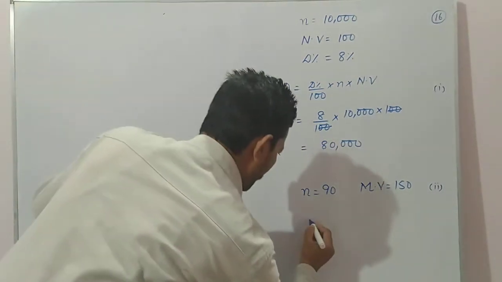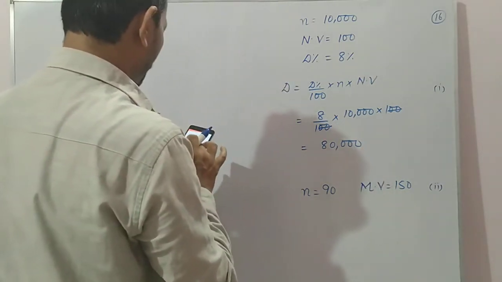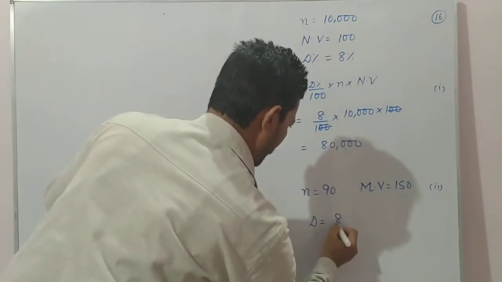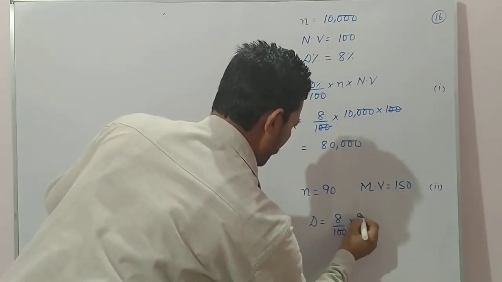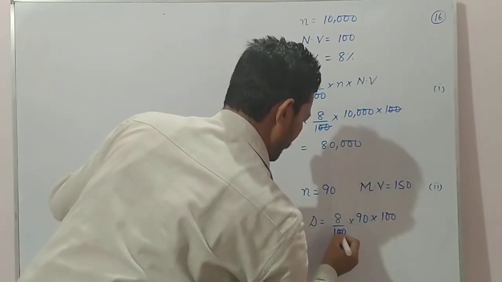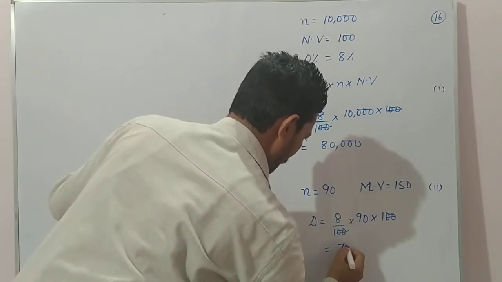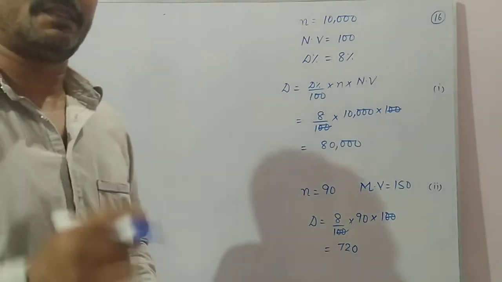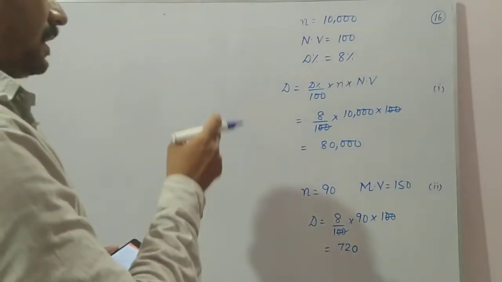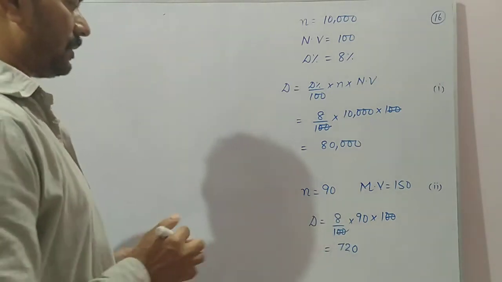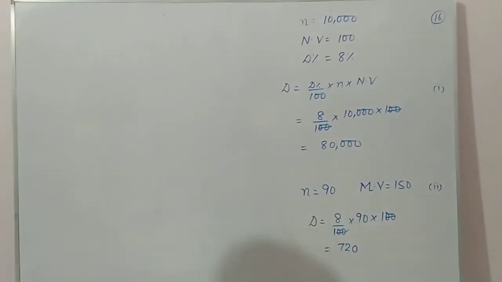So the dividend received by Ramesh will be dividend percent, 8%, 8 by 100 into number of shares, that is 90, into nominal value, that is 100. That gives 720.